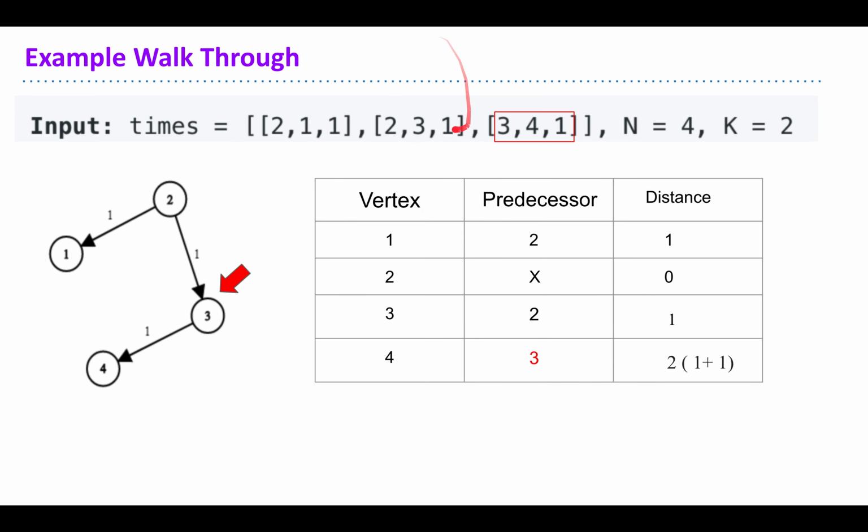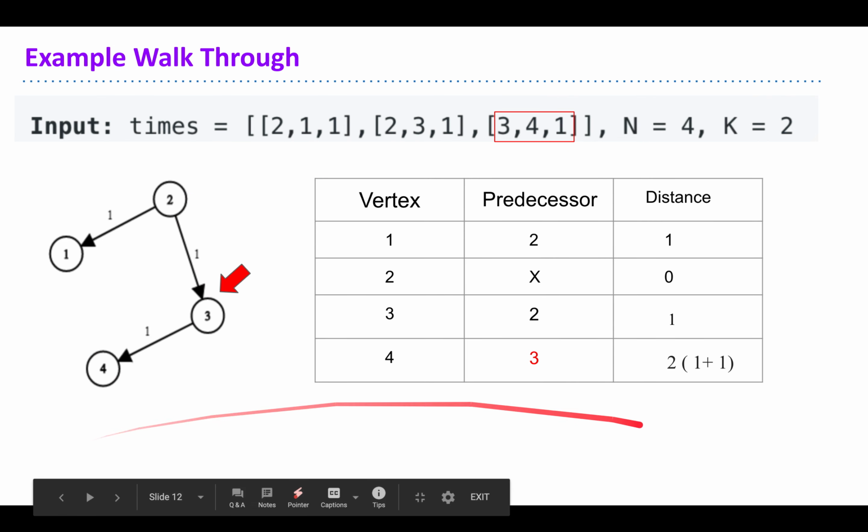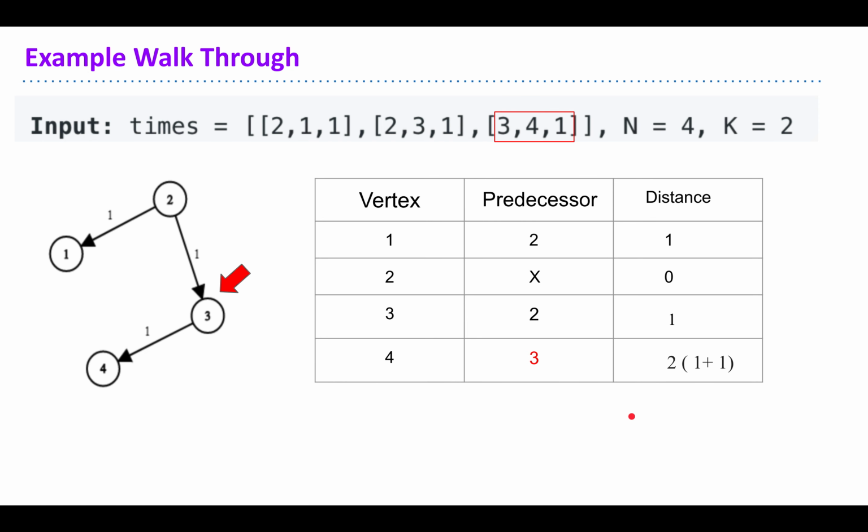Now we're going to work on the last list, which would be 3, 4, 1. Here from 3 to 4, we know that 3 previously had distance 1, but then we have to go 1 more. What it represents is, from the source vertex, how far 4 is, which is actually 2 away. So we can mark the distance as 2, which is less than infinity.